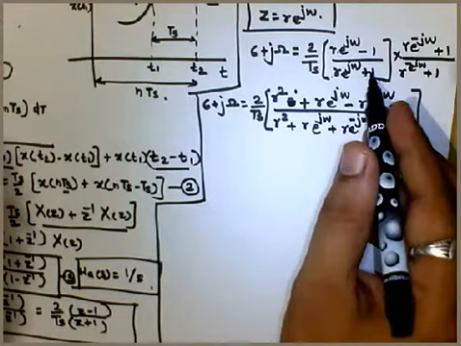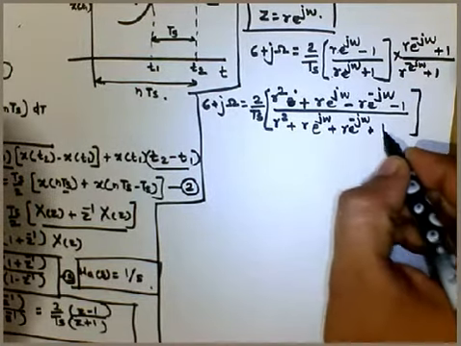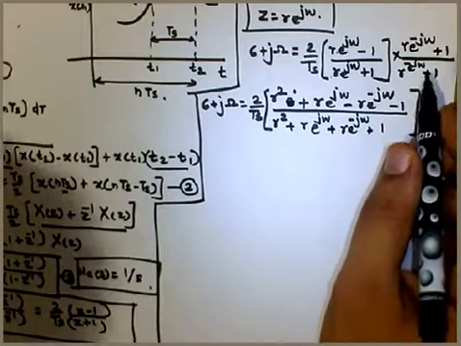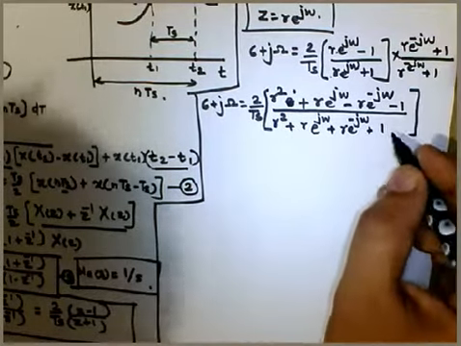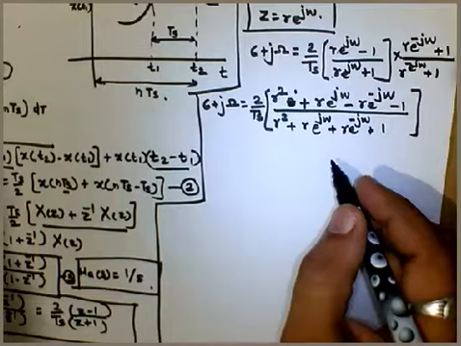And 1 into 1 will be 1. So this is how it reduces in the denominator.